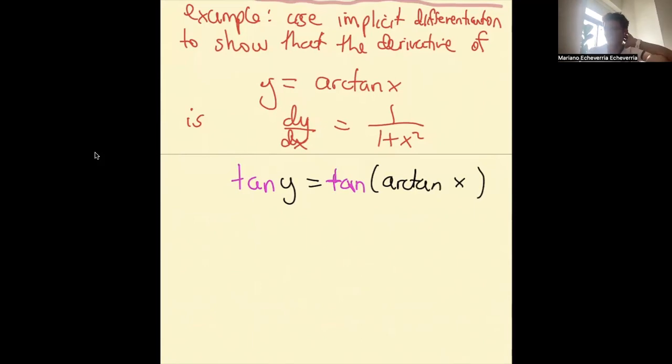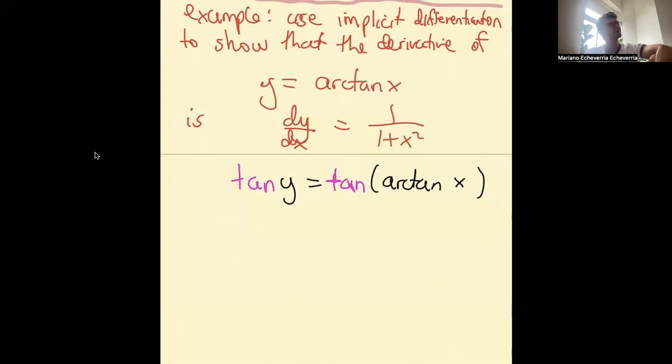What happens when tangent meets arctangent? What does it mean for them to be inverses? What's the property of inverses? What do you get here? What does this simplify to? Yeah, it just simplifies to x.